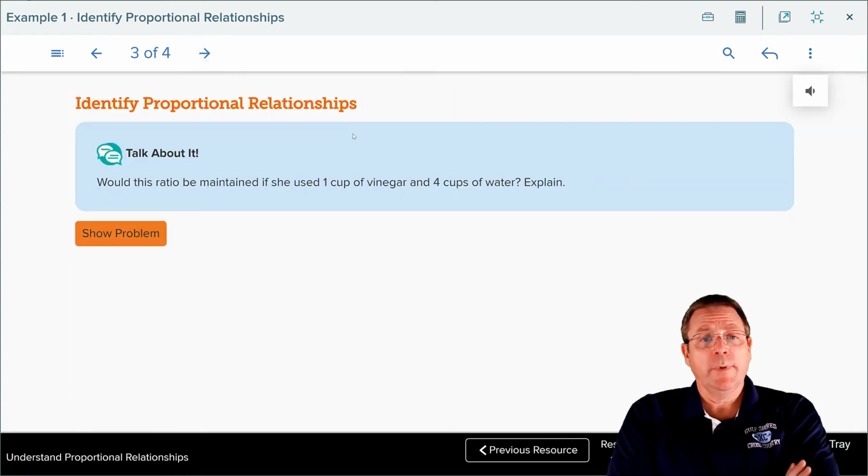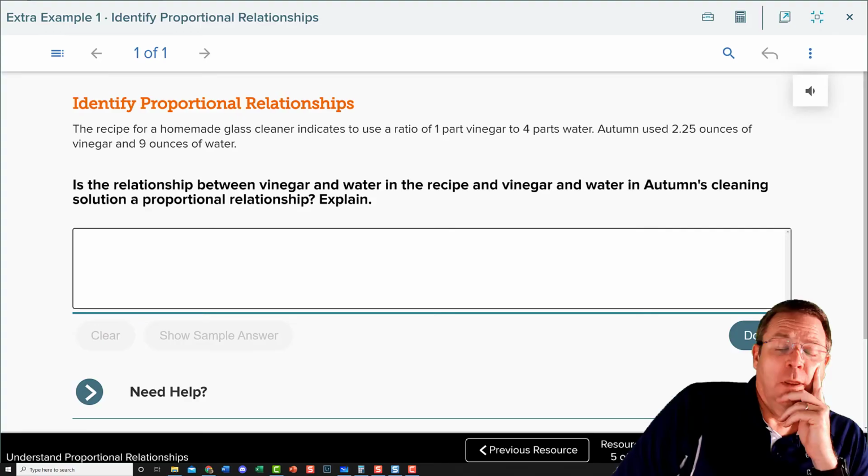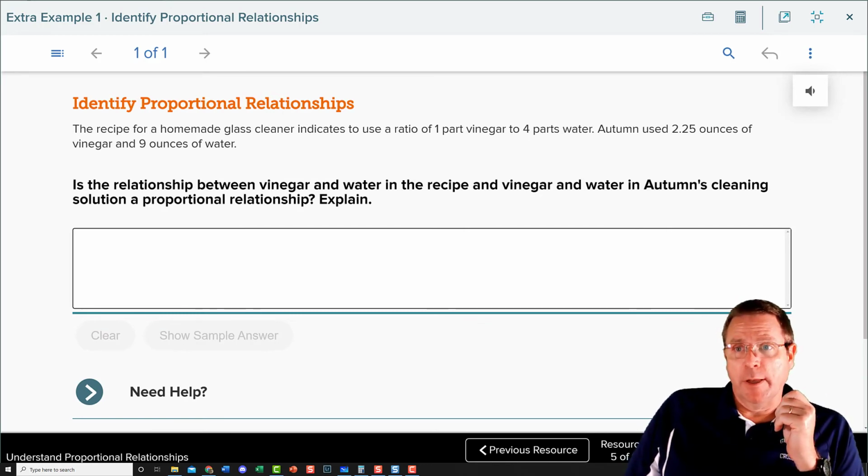Would this ratio be maintained if you used 1 cup of vinegar and 4 cups of water? Explain your answer. Pause the recording and do that. For the next part of this problem, we're doing the same 1:4 ratio, but now it's getting a little more complicated.